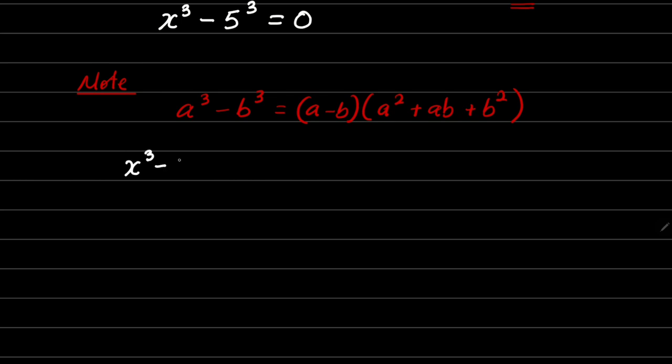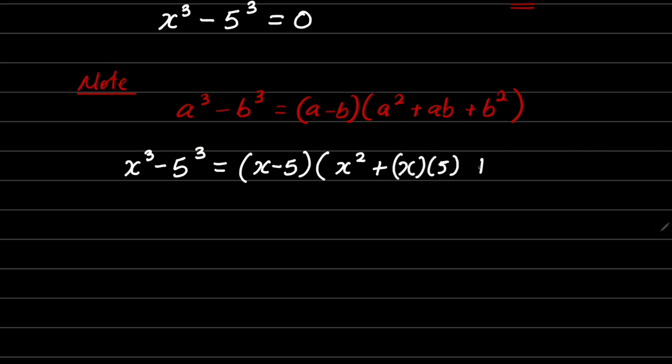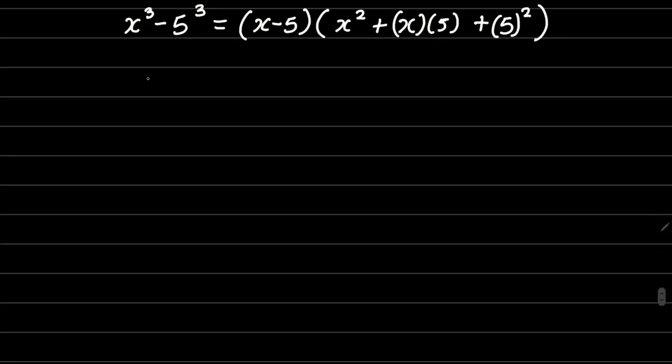Because of this understanding, we can actually say that x cubed minus 5 cubed can actually be x minus 5, into x squared plus x times 5, then plus 5 squared. Now, remember, everything is equals to 0.